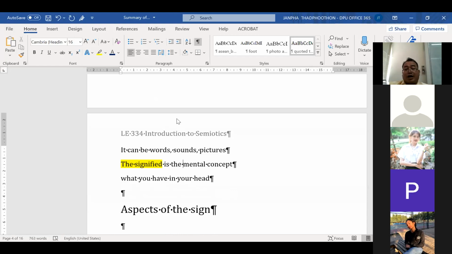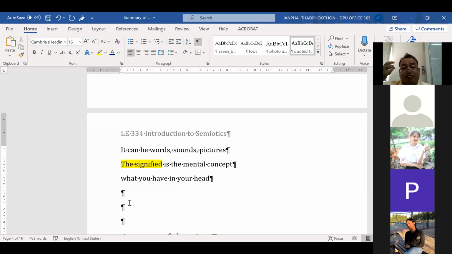The signified is the mental concept. It is what you have in your head. For example, if I say the word apple, the sound that you can hear is the signifier.